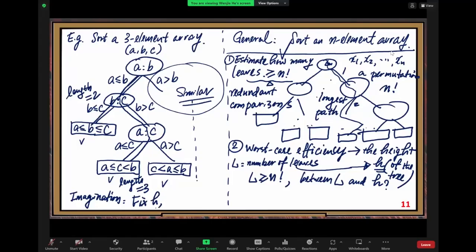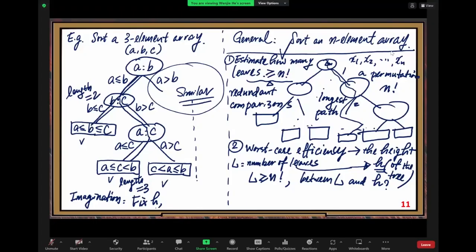With the same height h, you can get many different binary trees, right? You have many different ways to draw a binary tree with the same height h. Now think about which binary tree with height h gives you the largest number of leaf nodes.